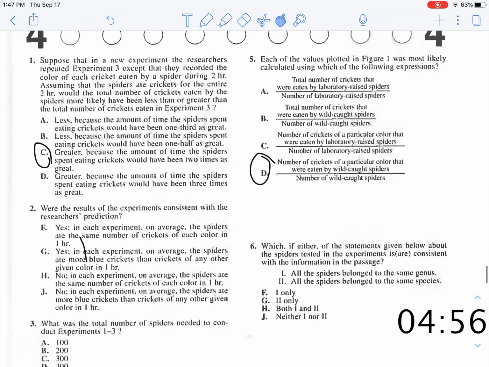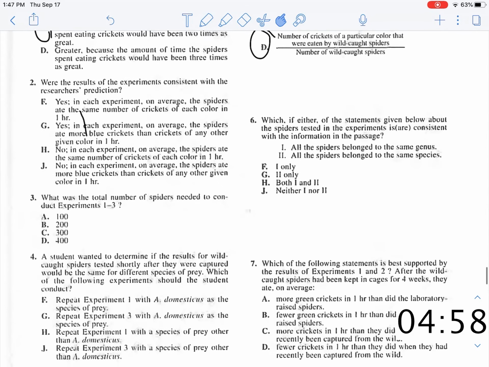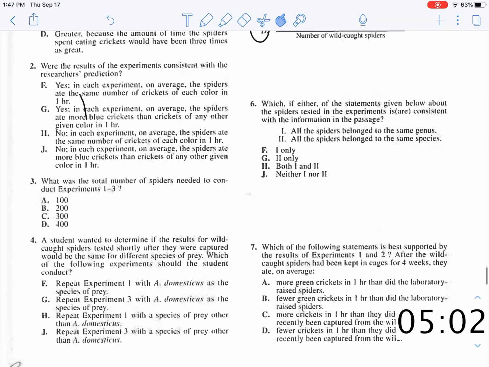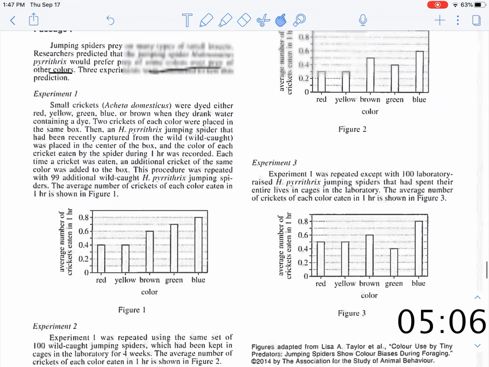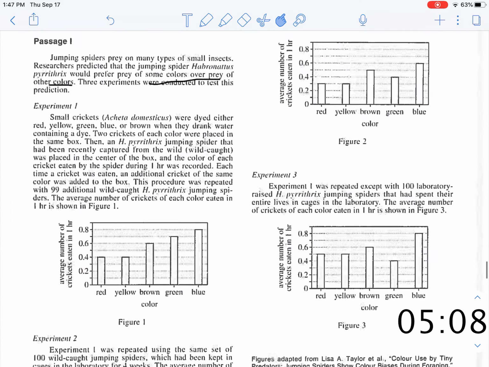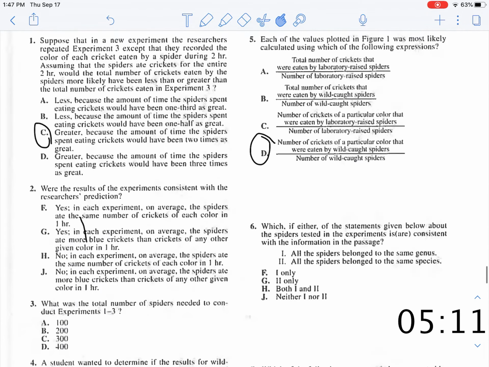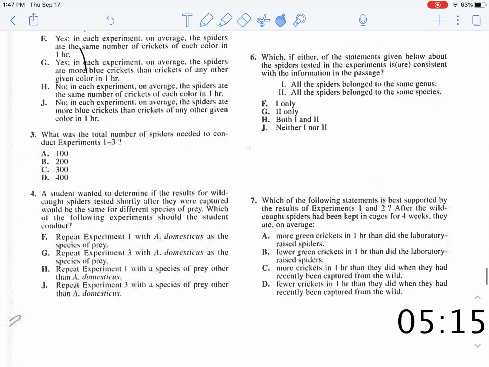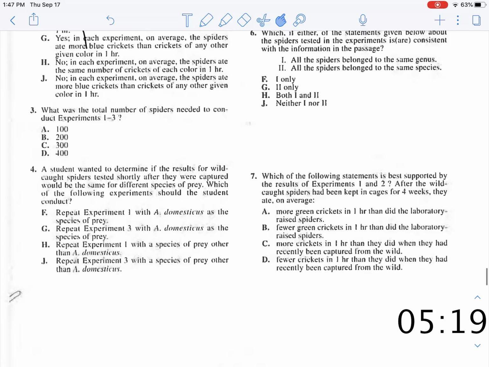Okay, hurry up, bro. Which of the statements is consistent with the information? Okay. They were all the same species and all the same genus, right? Yeah. Both that and that. And then 7, after the wild-caught spiders, they ate, on average, more crickets than if they had been recently captured.